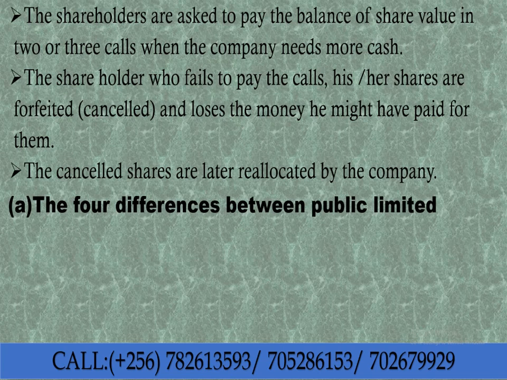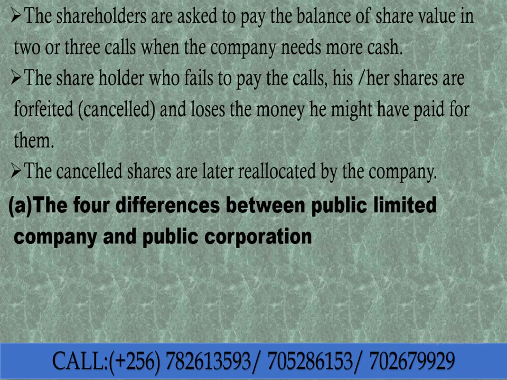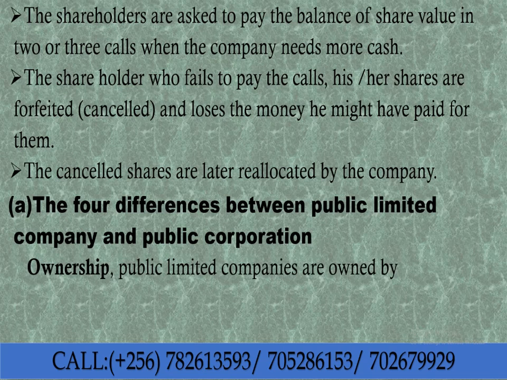So let us talk about the 4 differences between public limited companies and public corporations, because we once talked about public corporations, and now we want to compare the distinction between public limited companies and public corporations. Let us talk about them in terms of ownership.